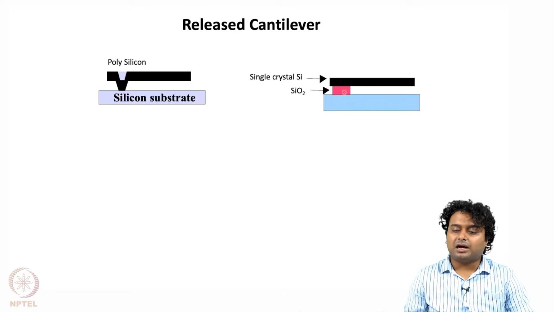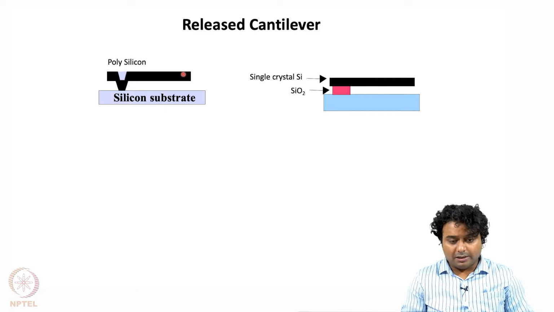Now this silicon dioxide actually acts as the anchor. So this is connected to both the top silicon and the substrate, and then the cantilever is attached here, and the cantilever can vibrate.